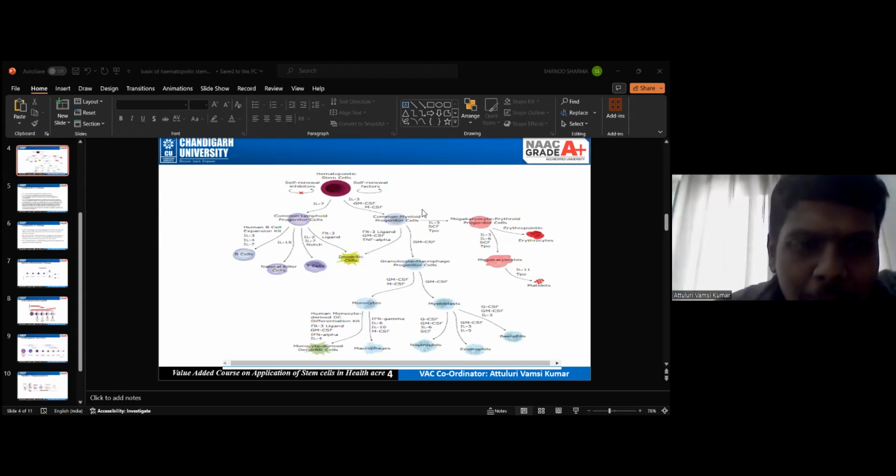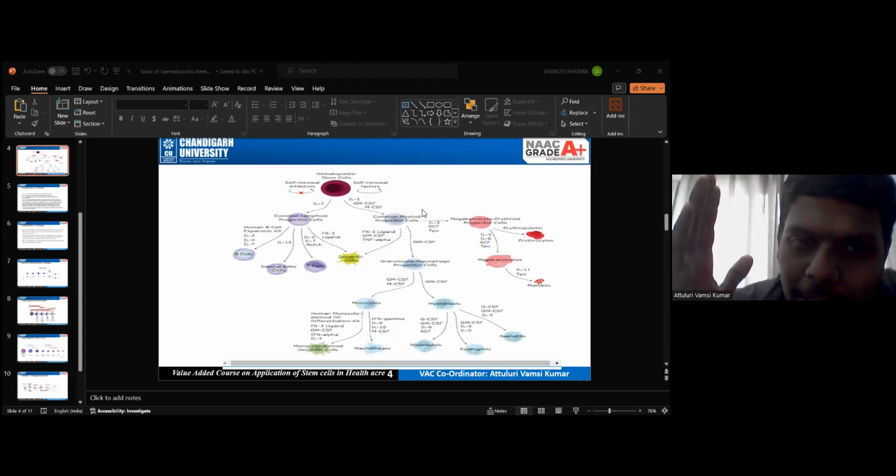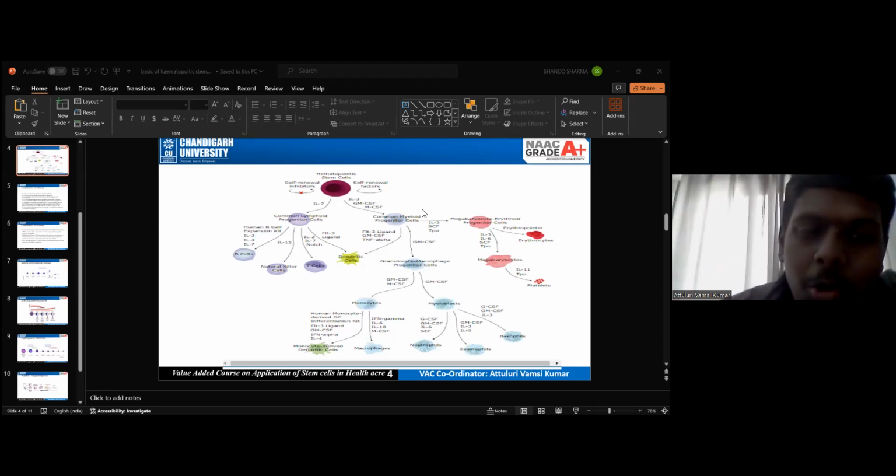Now listen, how does a stem cell decide to become a RBC, or a neutrophil? How did the cell come to know, now I need to become a neutrophil? Who is guiding the cell to transform into one particular target cell? That is my question. How does a stem cell take a lineage of platelet, or of monocyte? That is possible because of these cytokines.